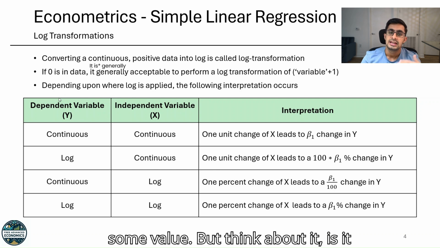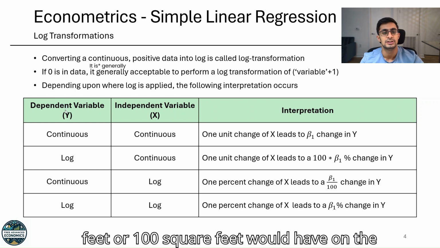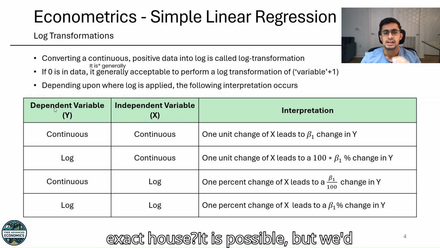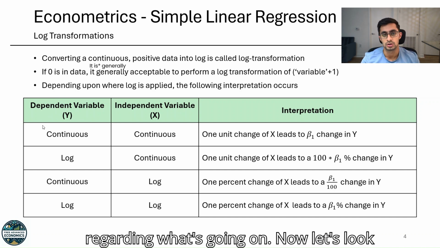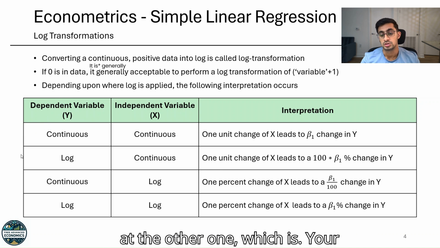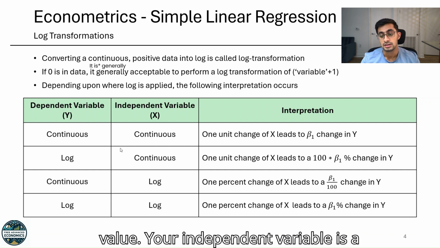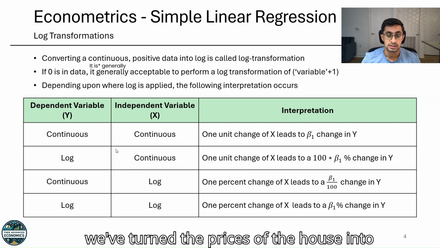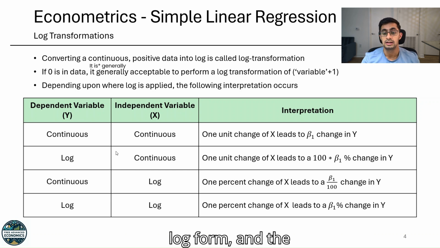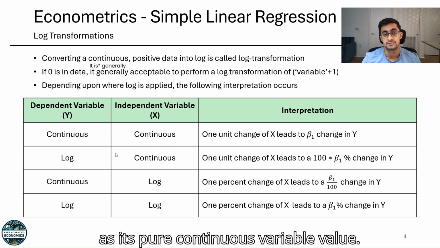But think about it. Is it really easy to interpret what impact 1 square foot or 10 square feet or 100 square feet would have on the exact house? It is possible, but we'd love to know a little more intuitively what's going on. Now let's look at the other one, where your dependent variable is a log transformed value and your independent variable is a continuous variable. In other words, we've turned the prices of the house into log form, and the independent variable, which is the square feet size of the house, still remains as its pure continuous value.